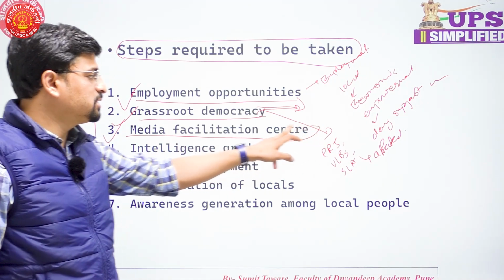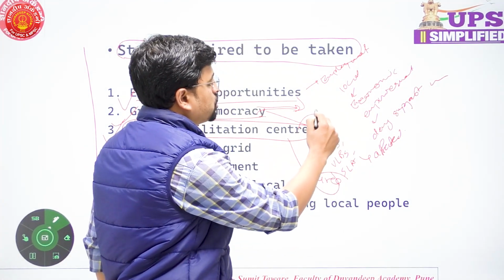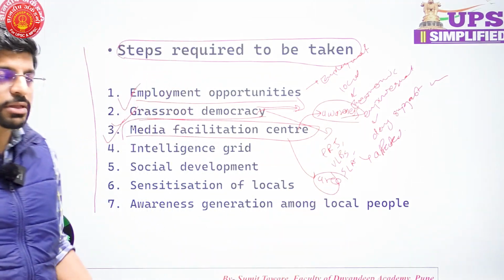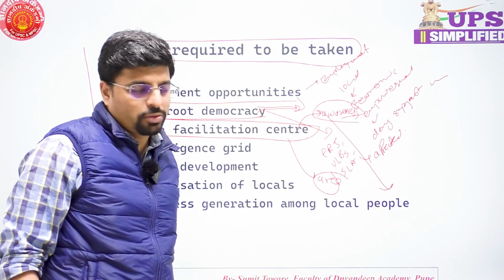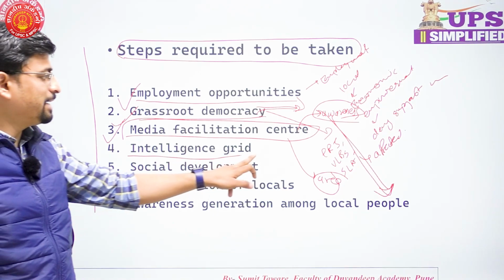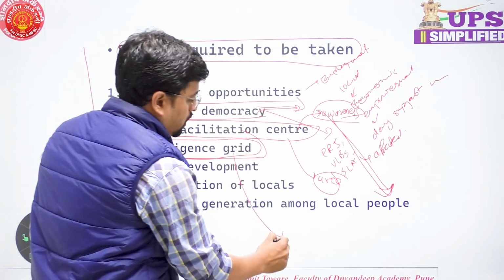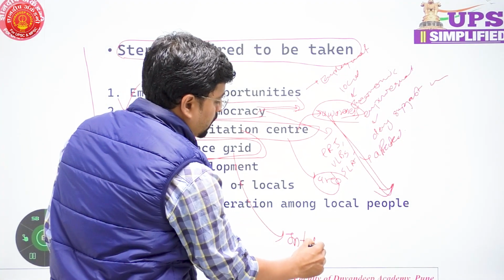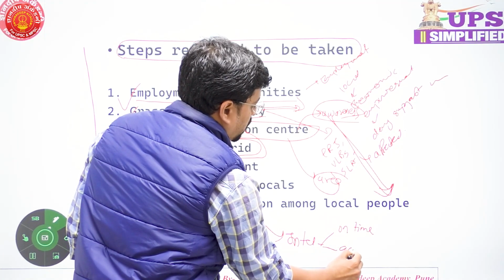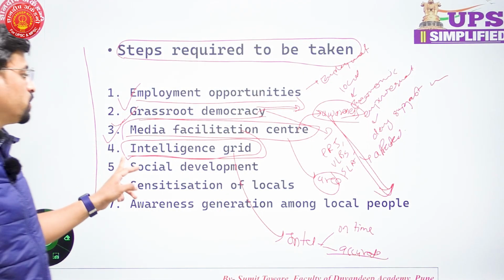Then media facilitation centers should be built in those areas, through which we can generate awareness among local people and make them deny support to the militants. Then an intelligence grid should be created in that area, so that we can get intel on time and accurate, through which we can stop local support to the militants.